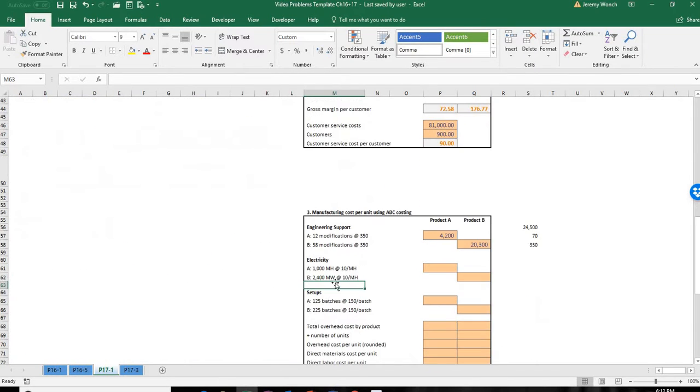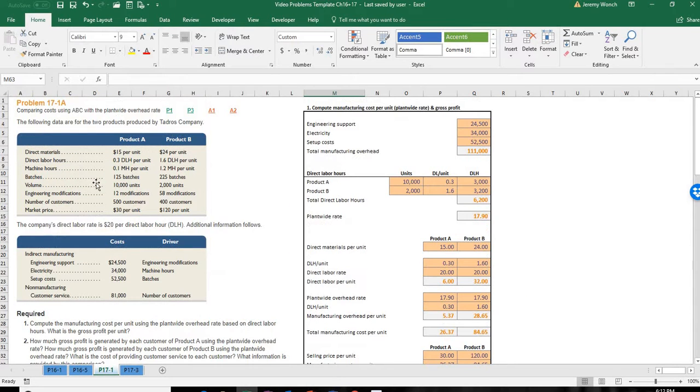All right, so for the electricity cost, we have 0.1 megawatts per machine hour, or machine hours per unit. So if we take our 0.1 and multiply that times the total number of units, 0.1 times 10,000 is going to be 1,000.